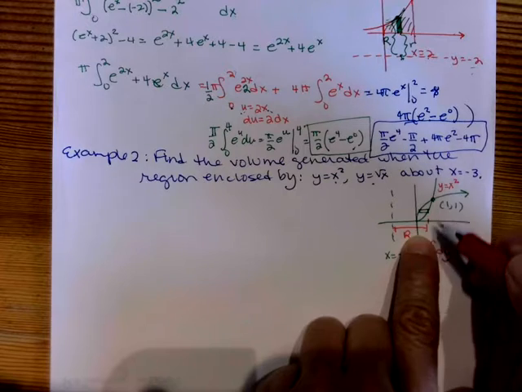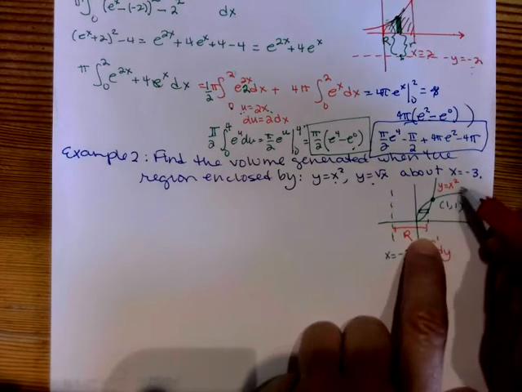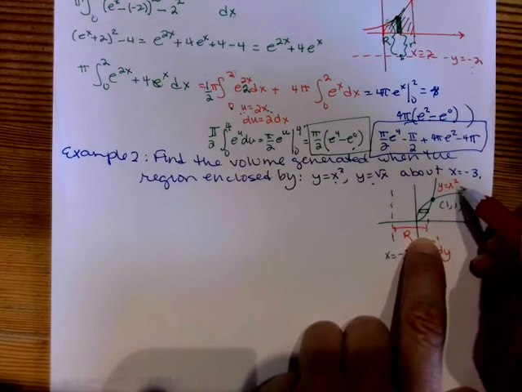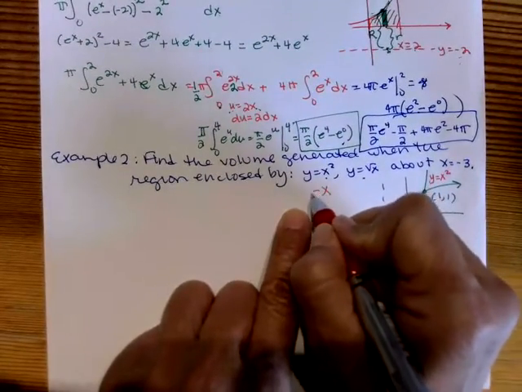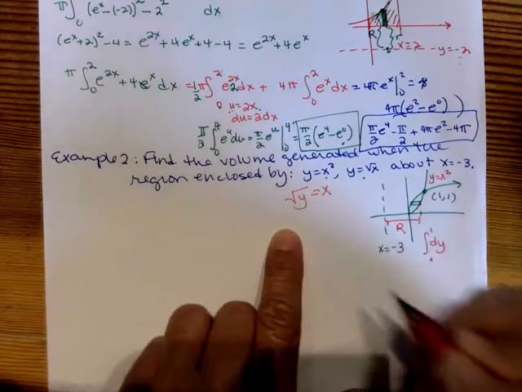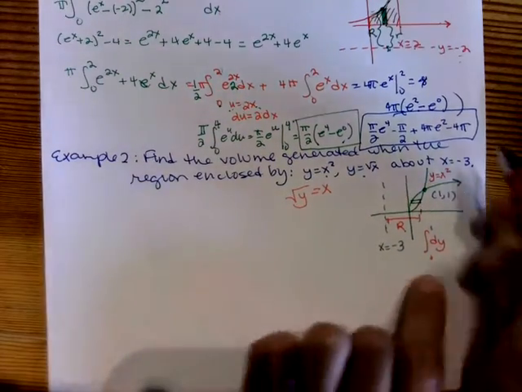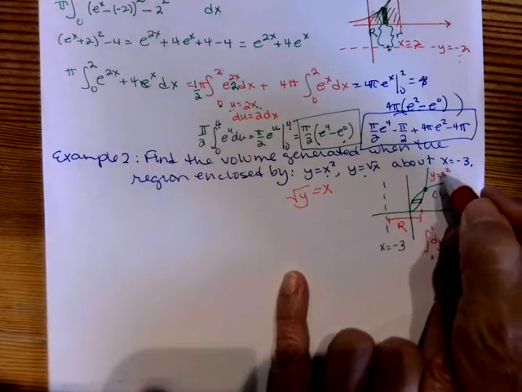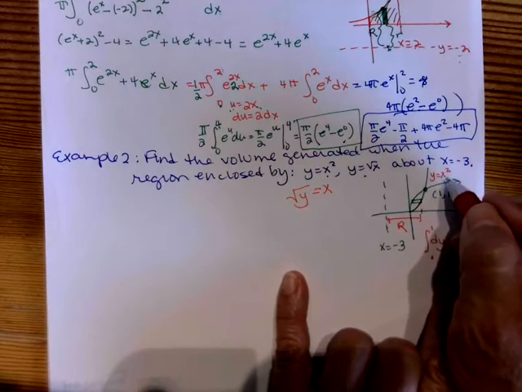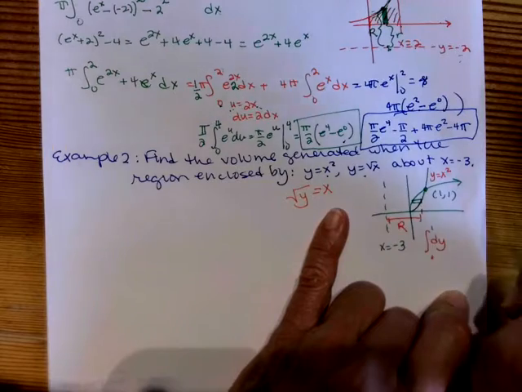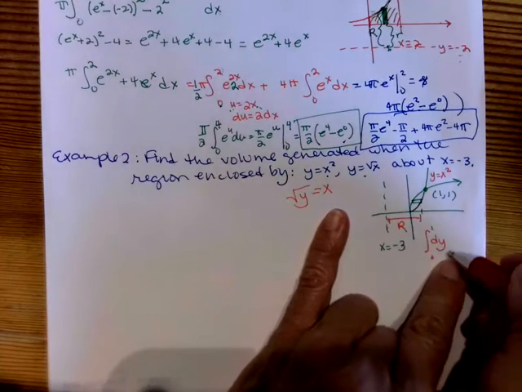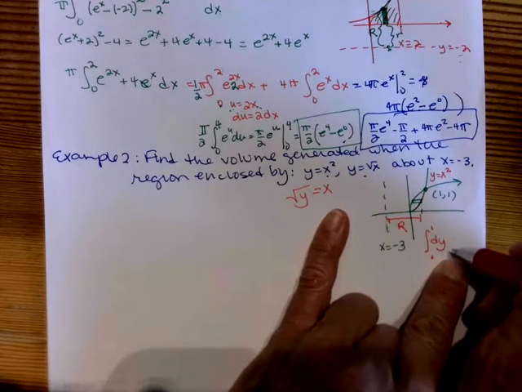So I'm not just going to put y because it goes out to x. So I need to solve this equation for x. So y equals x squared, if I solve that for x, I get x equals the square root of y. The reason why I want that is because I'm integrating with respect to y.